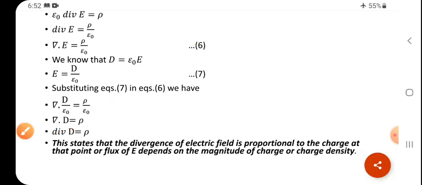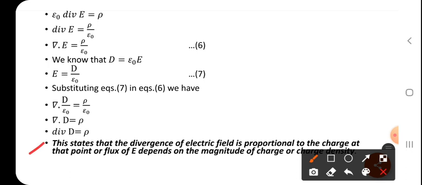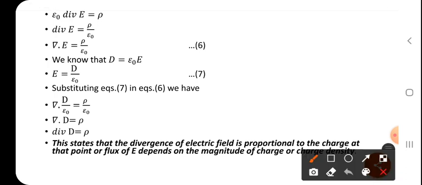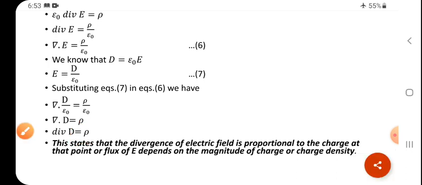It is defined by this statement: the divergence of the electric field is proportional to the charge at that point, or the flux of E depends on the magnitude of charge density. See here, flux depends on charge density. So it is a statement.